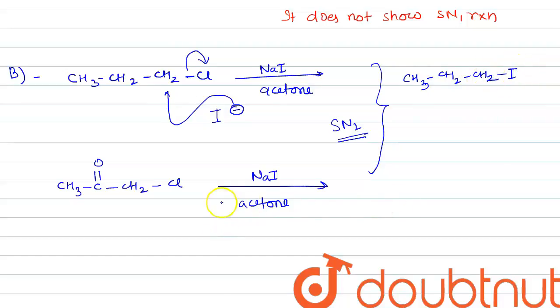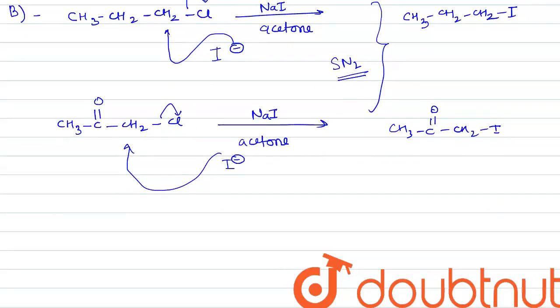The same goes for the other compound: iodide acts as a nucleophile and attacks this carbon, and chlorine leaves as a leaving group, forming CH3COCH2I. But we have to compare in which case the SN2 reaction occurs very fast.